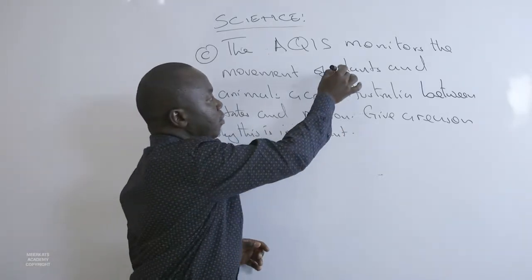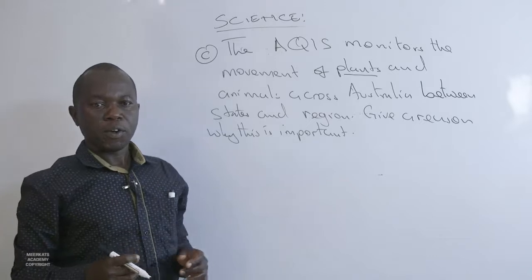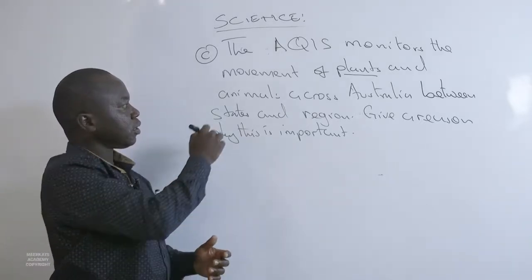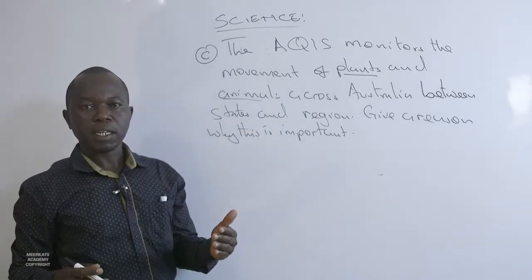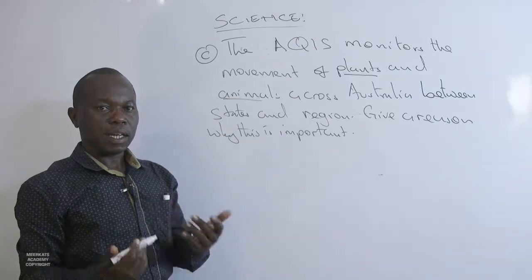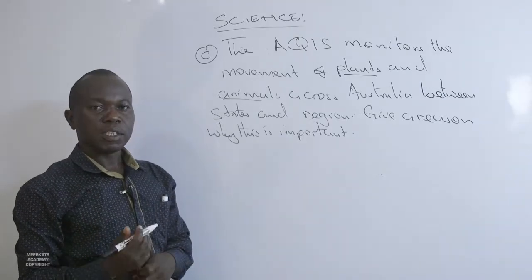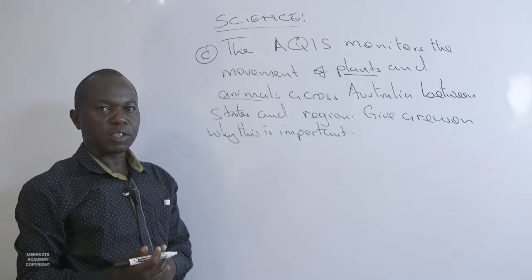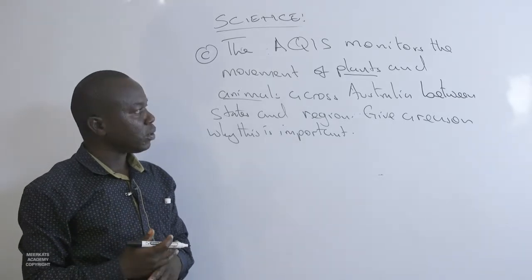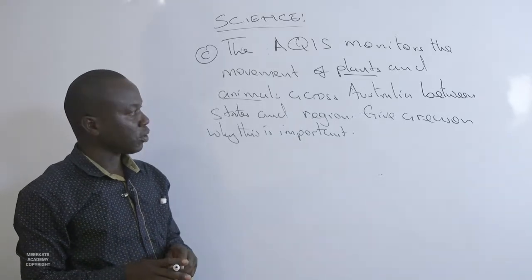So we have said most of the medium or the carrying material for pathogens are plants, live animals, and materials from plants like fruits, like juices, and other materials.